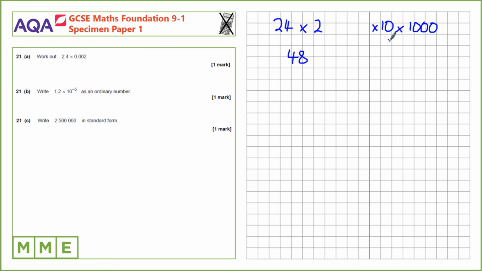This is a multiplication by 10,000, so we need to divide by 10,000. That gives us an answer of 0.0048. We've had to move the decimal point back 1, 2, 3, 4 places for the 4 zeros in 10,000.